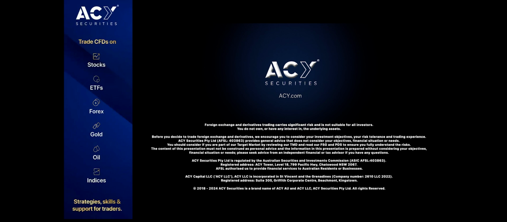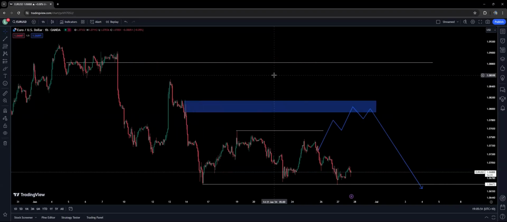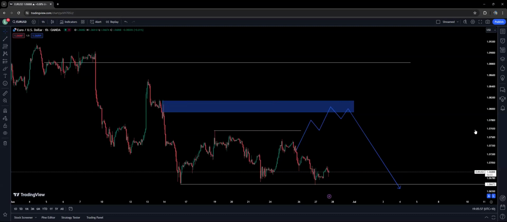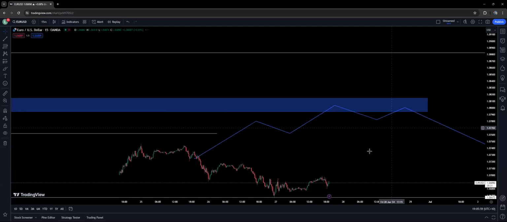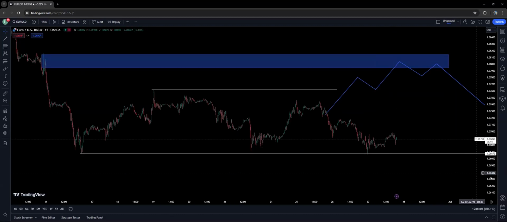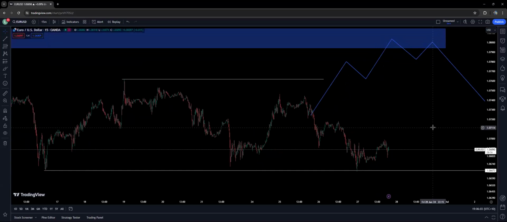I was looking for euro dollar to actually get a little bit higher, but that didn't happen. Let me see the 15-minute here. We got caught in a consolidation area here.